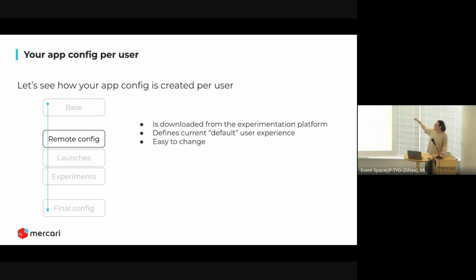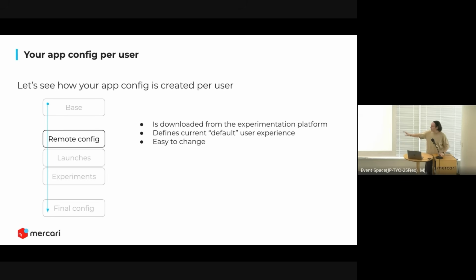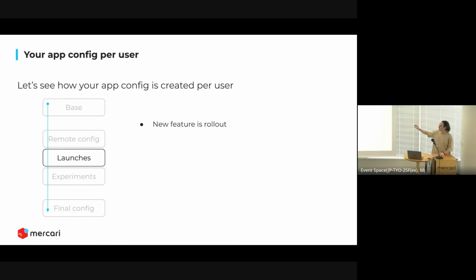It defines the default experience of your application, and it is much easier to change than the base, because the base configuration is often included in the binary. So imagine if you want to change it, you will have to change the code, push the code, do all the work with it, release it, deploy it, whatever. There are so many steps. But if you use remote config, you just go to dashboard and you change the configuration, and that is it. You updated it, right?